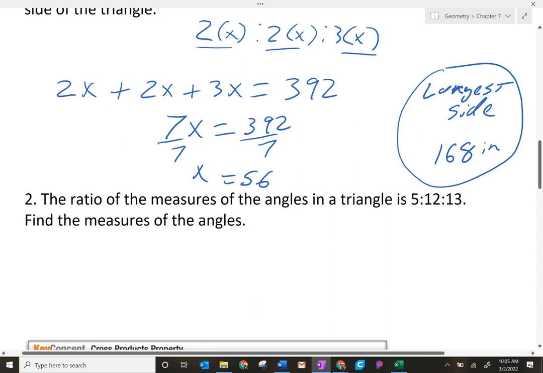All right, I've got that set of ratio numbers. And then it says it wants me to find the measures of the angles.